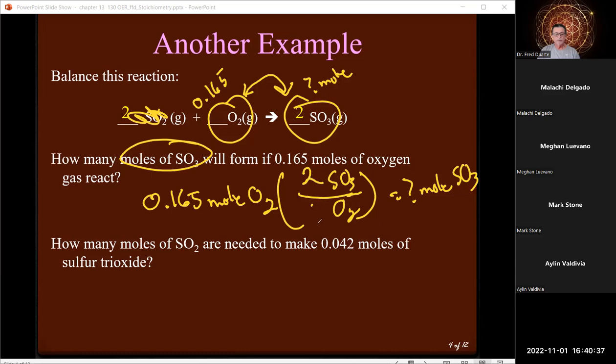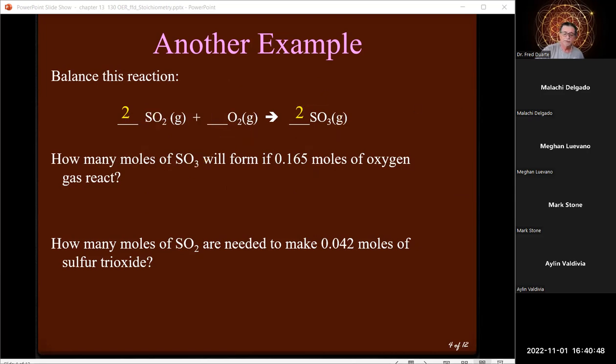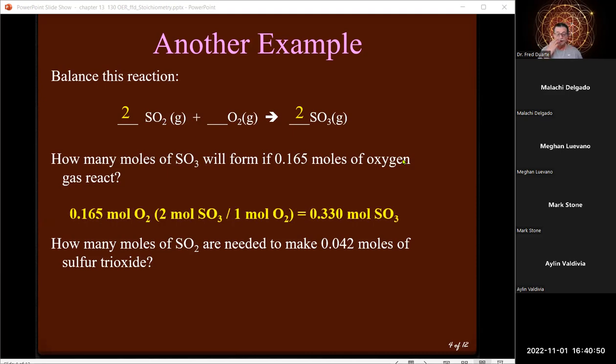It's a 2-to-1 ratio, okay? Our O2s cancel, leaving us with units of sulfur trioxide. So now it's just a matter of you plugging those numbers in the calculator, and you should end up with 0.330 moles of sulfur trioxide. Don't forget your sig figs, okay?